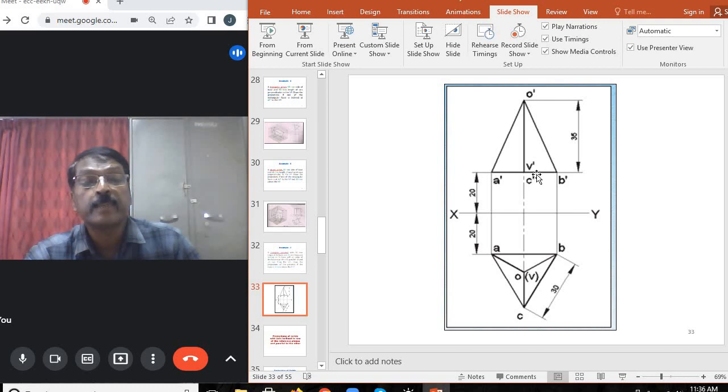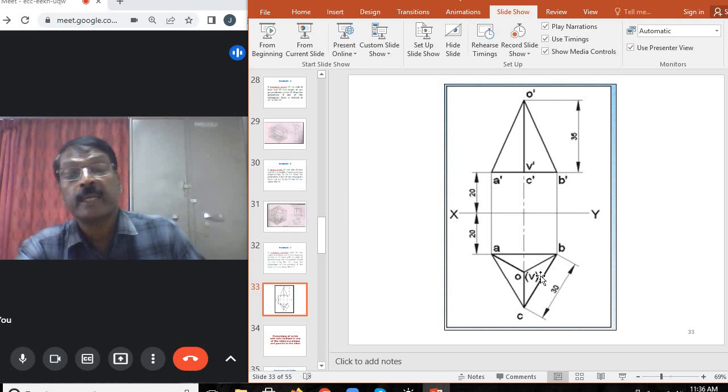Since the base is parallel to HB and the axis is perpendicular to HB, the top view shows the true shape of the base. So the true shape of the base is a triangle with the vertex and 3 slant edges.